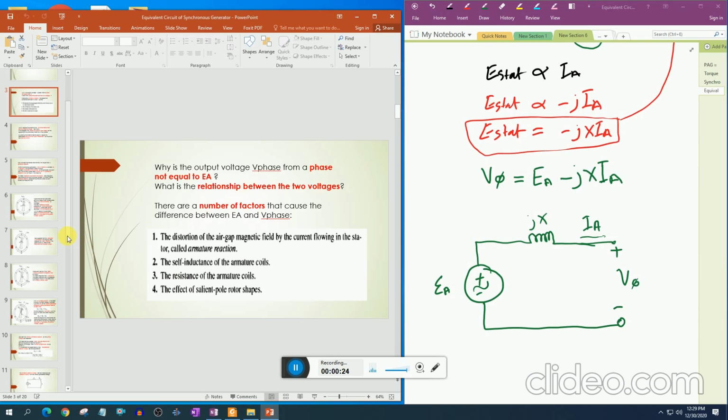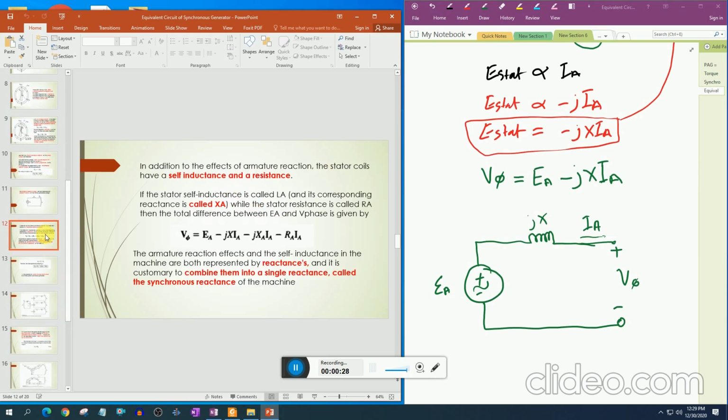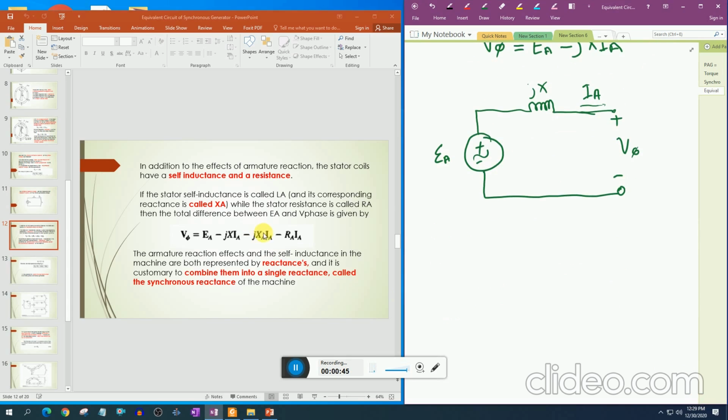Now we are going to model these two factors. If the stator self-inductance is called LA and its corresponding reactance is called XA and the stator resistance is called RA, then V phase is given by the voltage drop across the reactance of the coil, across the resistance of the coil, and the armature reaction.